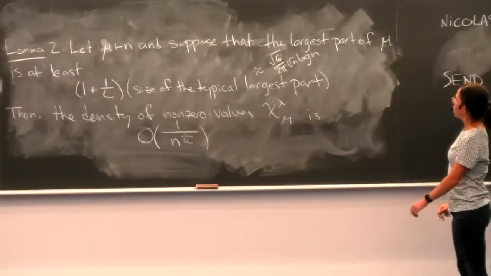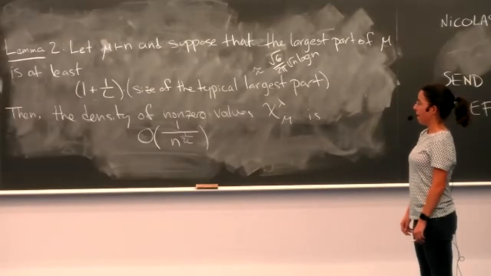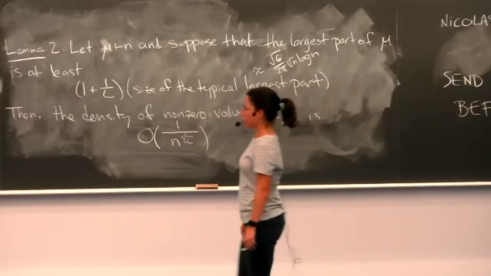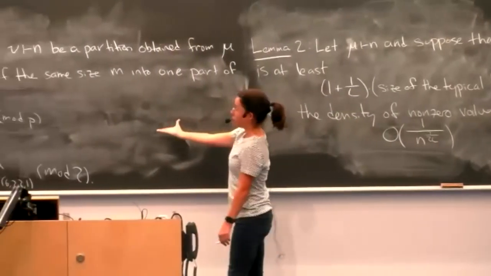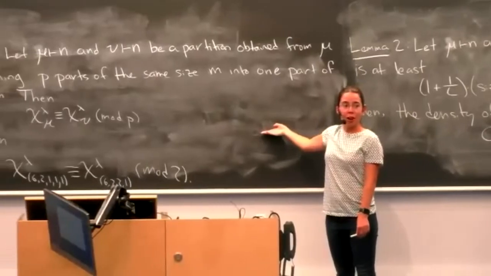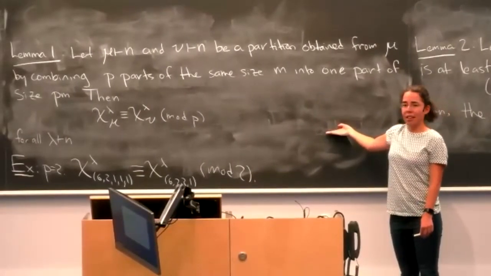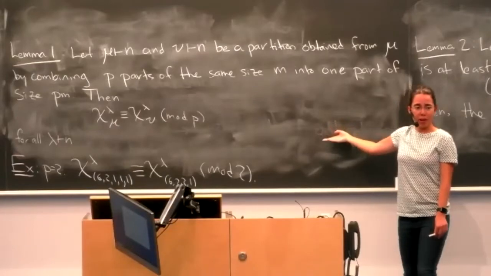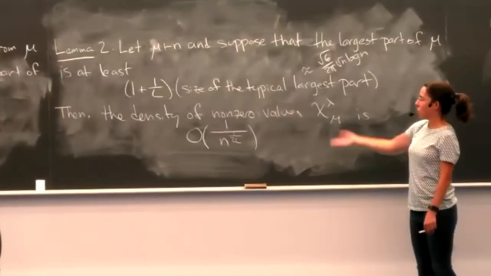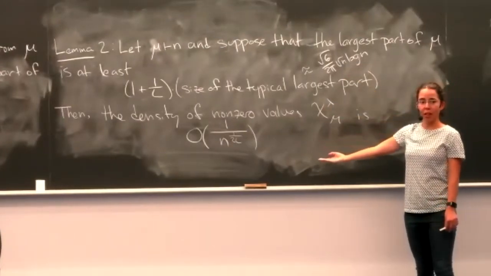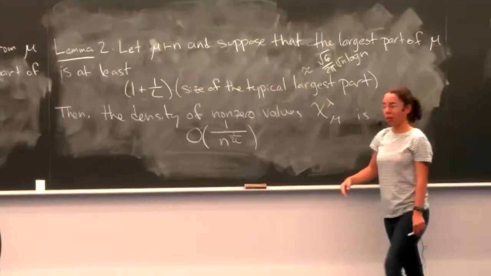Okay, so I'm about out of time. I hope you then believe our theorem, because this combining parts operation could plausibly lead to your partition having quite a large part. So then most of the values in that column should be 0.